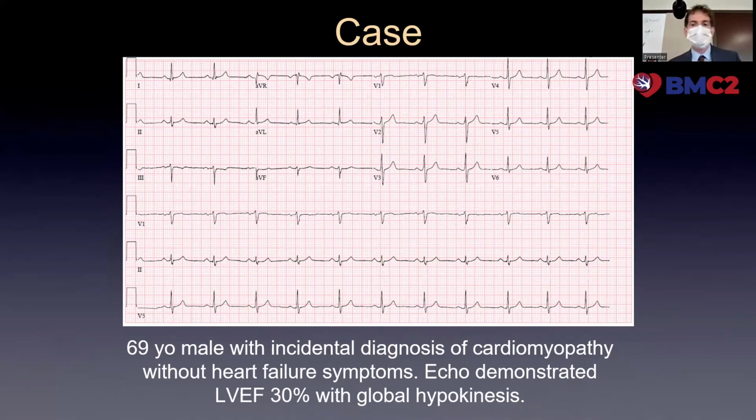Here's another case, a 69-year-old. This is one of my clinic patients, incidental diagnosis of a cardiomyopathy. Somebody did an echo. The echo EF came back at 30%. He felt fine. So he had left ventricular dysfunction without heart failure. And anytime we see left ventricular dysfunction, we want to look at, is there coronary artery disease that could be playing a role? It's one of the most common causes of heart dysfunction.